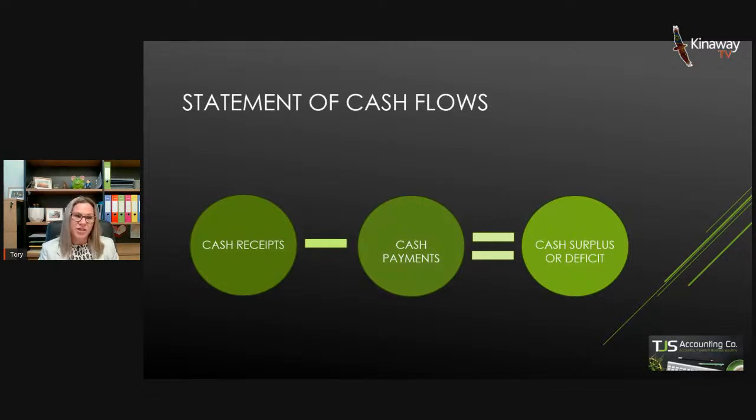So a statement of cash flow, unlike a profit and loss, is actually the movement of the inflow and outflow of cash over the reporting period. It shows the flow of funds moving in and out of your business. The difference between the receipts that you receive and the payments that you make is the net movement in cash for the period.